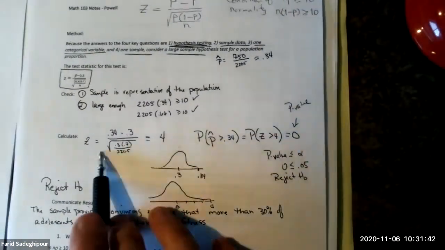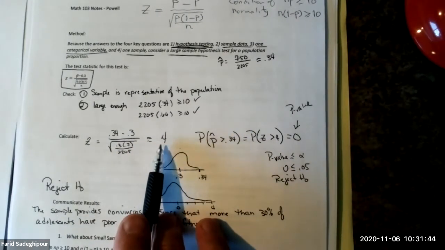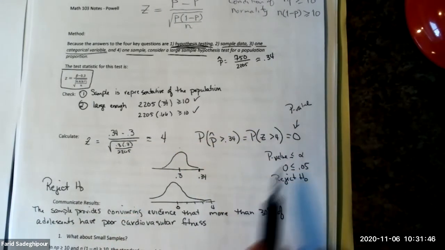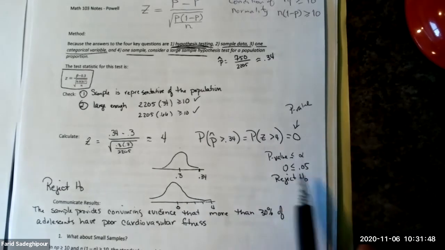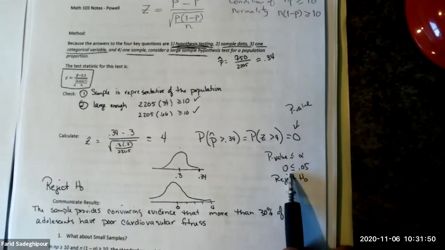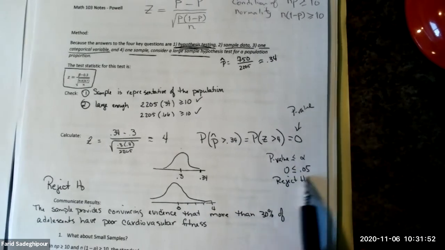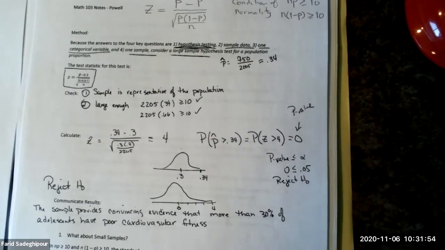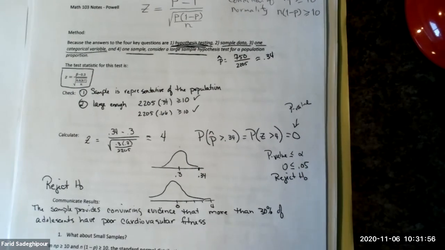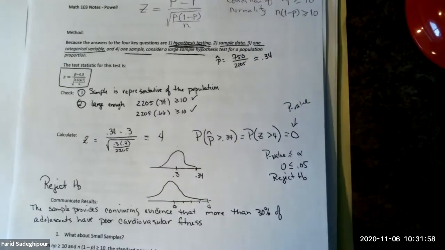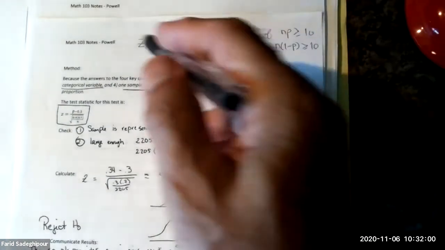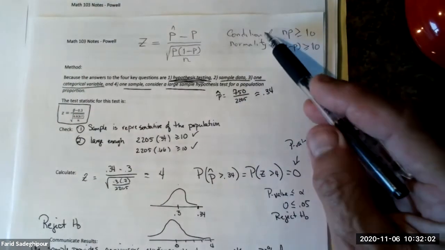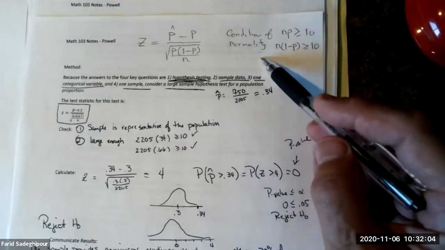See, again, this is z equal to 4, and for z equal to 4, the area is almost 0 again. If the p-value is less than alpha, see, alpha is 5%. And anytime you want to find this solution, first you have to make sure the condition of normality is met.